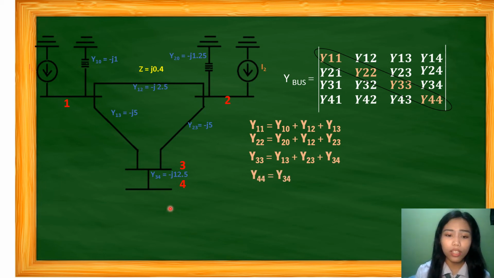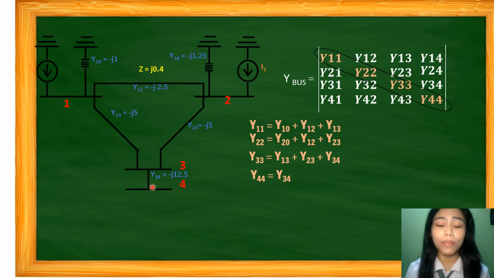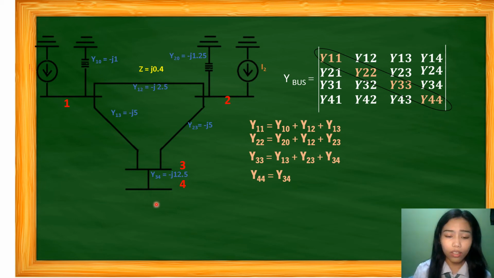For Y44, since the Y34 admittance is the only admittance connected, in the transmission line between bus 3 and bus 4, we have Y34. We can use this formula to make it easier.